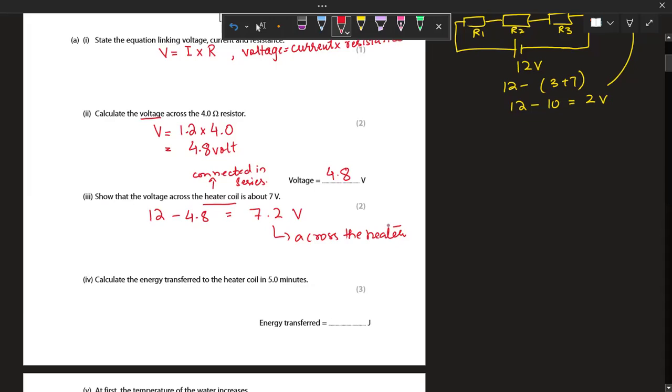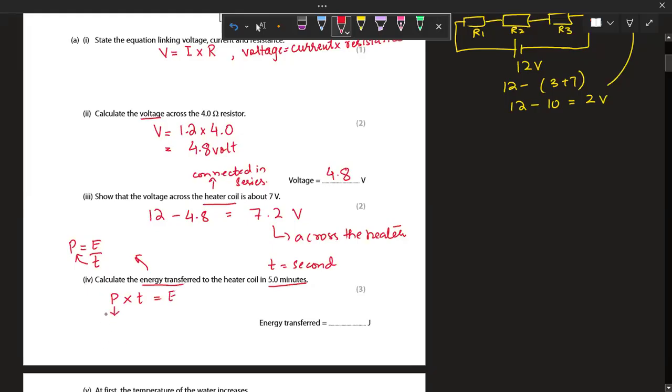Now, calculate the energy transfer to the heater coil in 5 minutes. Time is given in minutes, so we have to convert it into seconds: 300. If we recall the concept of power, power is energy transfer upon time, and to find the energy I have to multiply power by time.